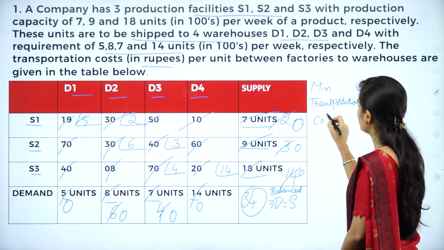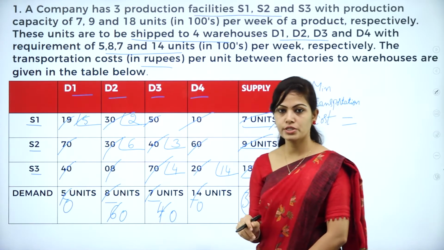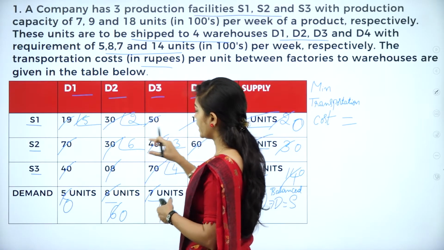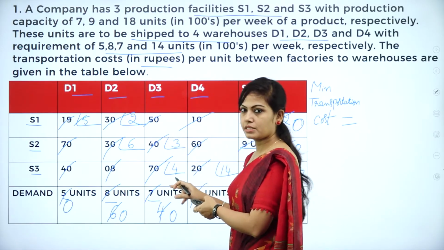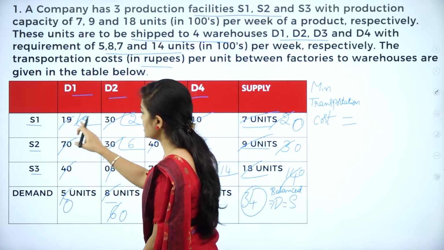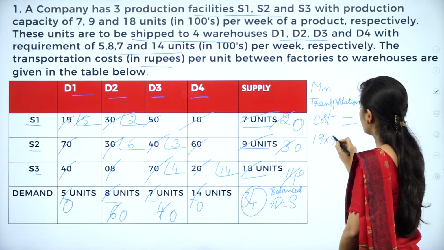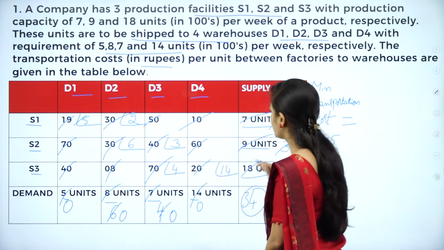How to find the minimum transportation cost? Here I have some allocated cells. You just consider all the allocated cells. So the first allocated cell is 19 into 5. And the next allocated cell is 30 into 2.